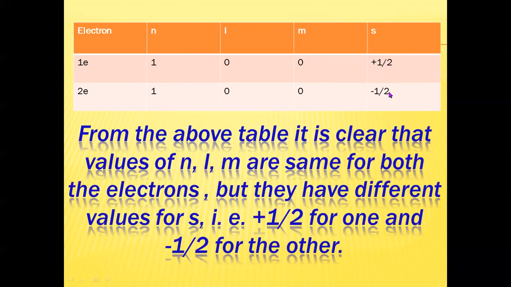If it is minus half, then the other is plus half, meaning we have to assign two different values for s. Here we have two different values, plus half and minus half. Why? Because both electrons belong to the same orbital, their spins will be paired, or they will have opposite spins.